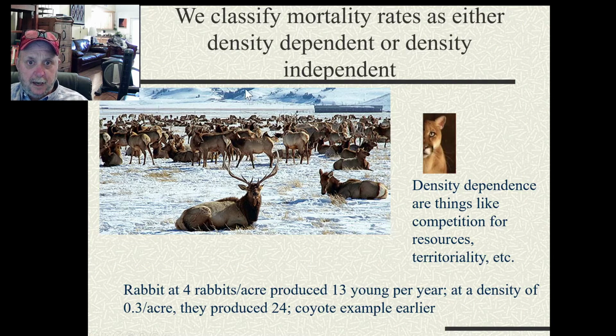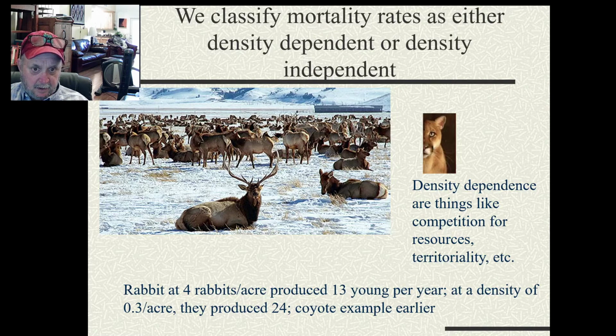As a conservation biologist or wildlife biologist, I like to say we classify mortality rates as what we call density dependent or density independent. If you've got all these elk crowded together, competing with each other for plants and for food, spreading diseases because they're close together, all of those are density dependent forms of mortality.